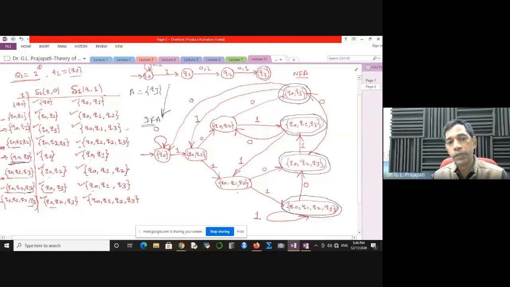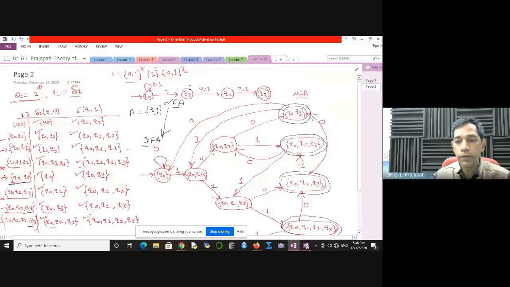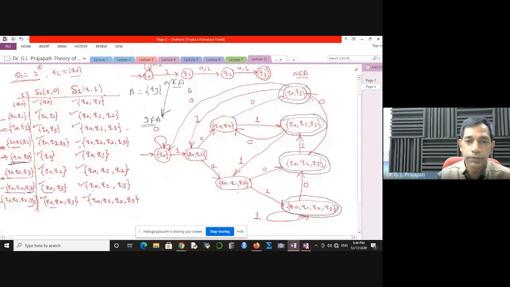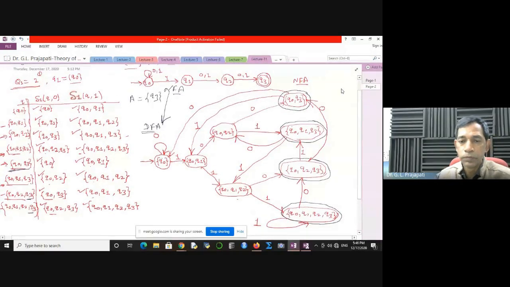This is the DFA. So you have the NFA, and from the NFA you have obtained the DFA. Now after doing this, if you wish, you can rename the states of your DFA to simpler ones.